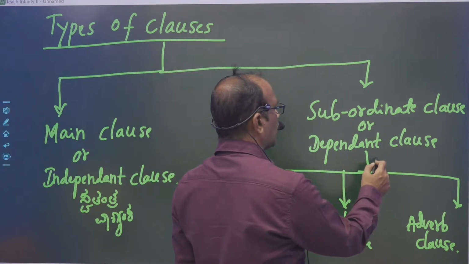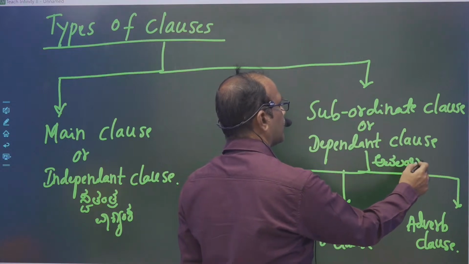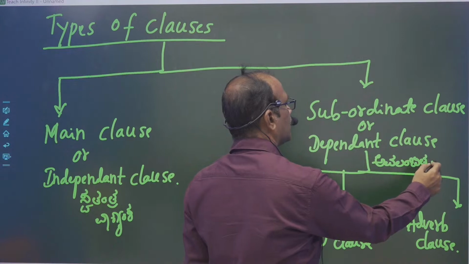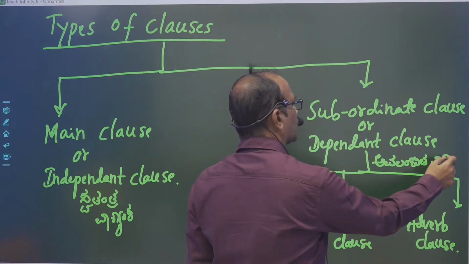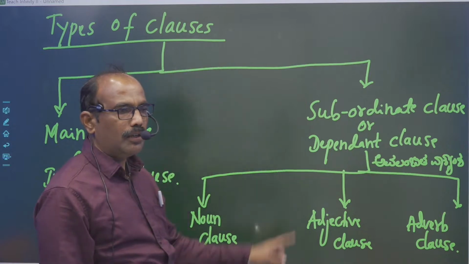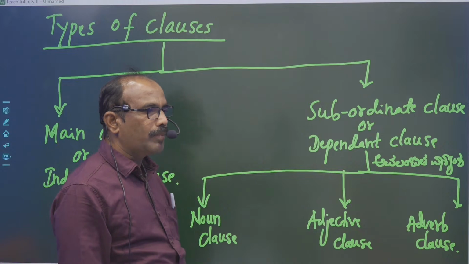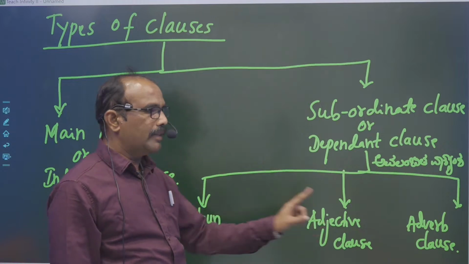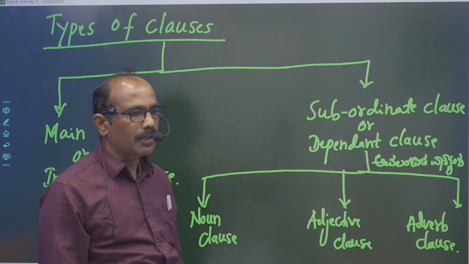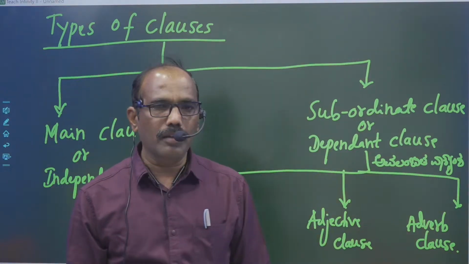We can call it avalambita vakyansha. And in subordinate clause, we have three sub clauses again. That is noun clause, namapadada vakyansha, adjective clause, nama visheshanada vakyansha, and that is adverb clause, kriya visheshanada vakyansha.